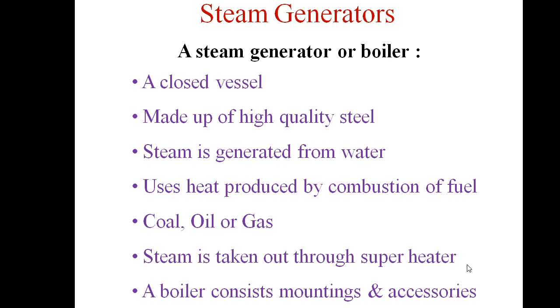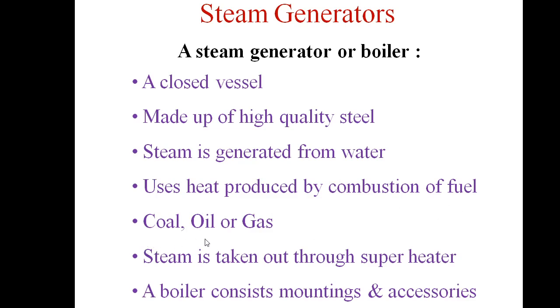The superheater is nothing but one of the accessories which enhances the heat carrying capacity of steam. And the boiler consists of boiler mountings and accessories. The mountings are devices mounted over the boiler in order to run the boiler safely. So this is about the steam generator. It is a closed vessel made of high quality steel. Steam is generated from water using heat produced by combustion of fuel.